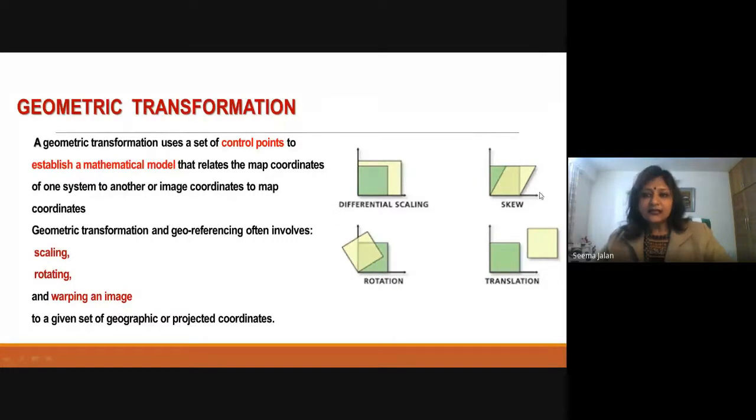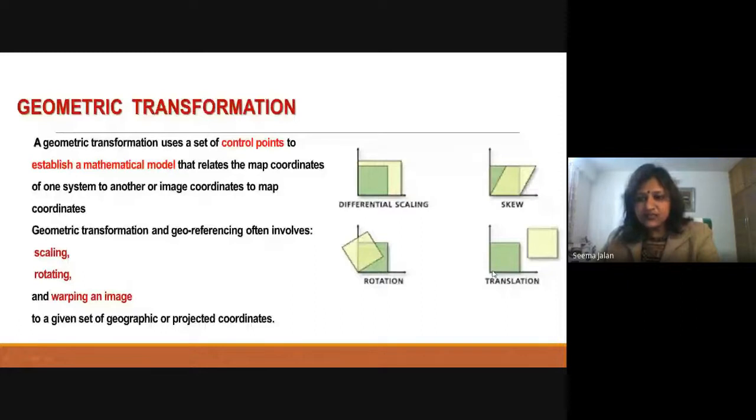Then it may happen that my output map gets rotated. Initially the direction between A and B, two places, was north-south, but in my output map the direction is now northwest to southeast. So there is a rotation. It may get translated: from here in your image coordinate system, after being transformed, it has shifted here.